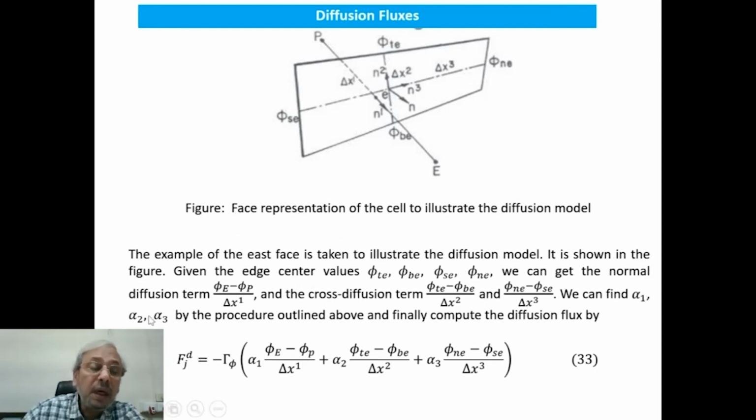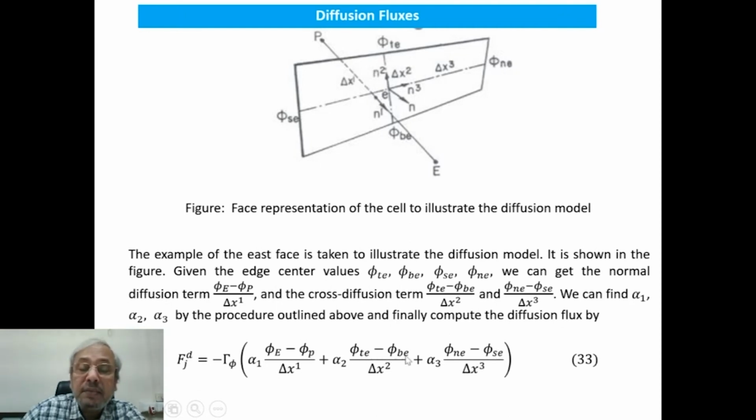By the procedure outlined earlier, we can calculate alpha 1, alpha 2, alpha 3, and then we can write that the diffusion flux is basically the diffusion coefficient into alpha 1, then this is the normal diffusion, phi E minus phi P by del x1, and these are the cross diffusions, alpha 2 phi TE minus phi BE by del x2 plus alpha 3 phi NE minus phi SE by delta x3.